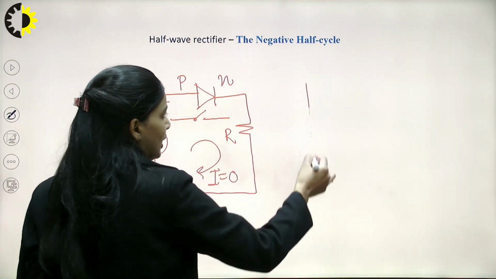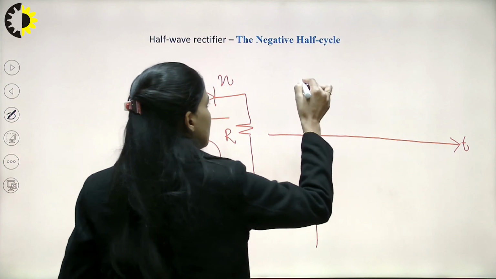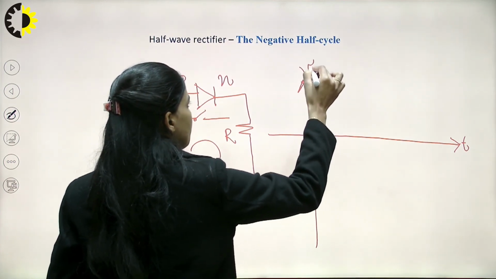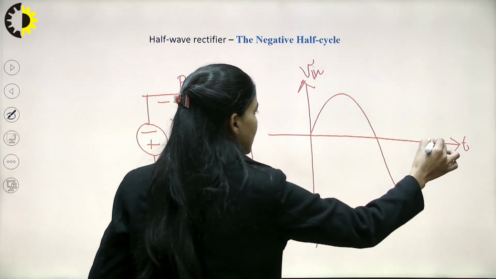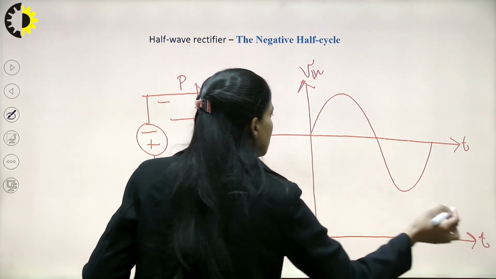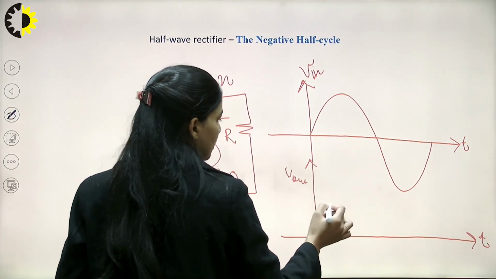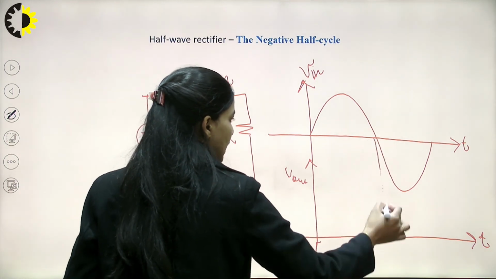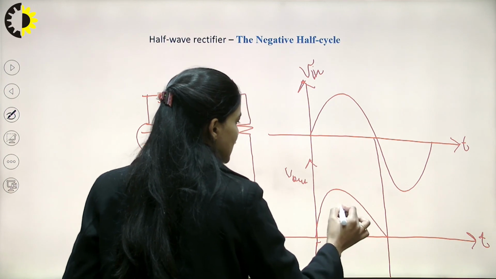I am making the output for the positive cycle also. So, this was the input. If we draw the output, as we have seen, the positive cycle appears for the positive input cycle.